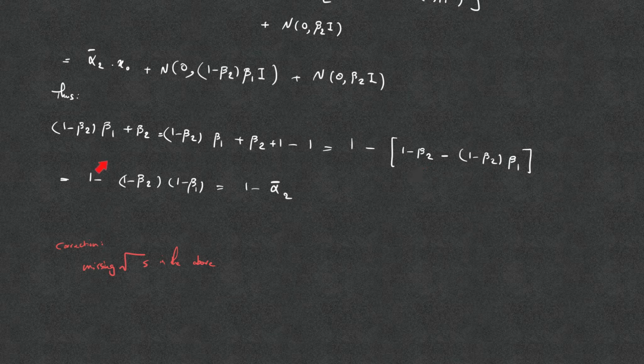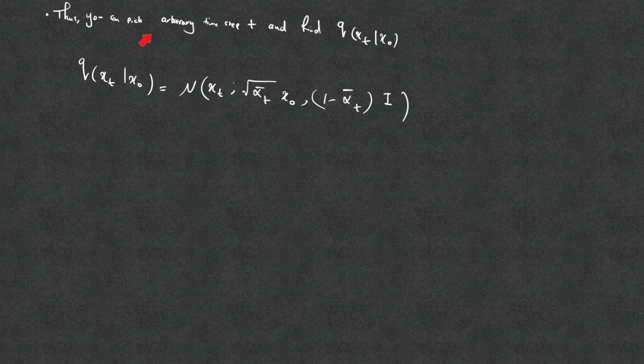And by doing so, you can see that you will have 1 minus alpha 2 times alpha 1, or in other words, 1 minus alpha bar 2. And this essentially could serve as some sort of an induction step, and it would show the closed form that you saw before. Again, what this means is that you can pick an arbitrary time step t and basically get the q of xt conditioned on x0 like that.